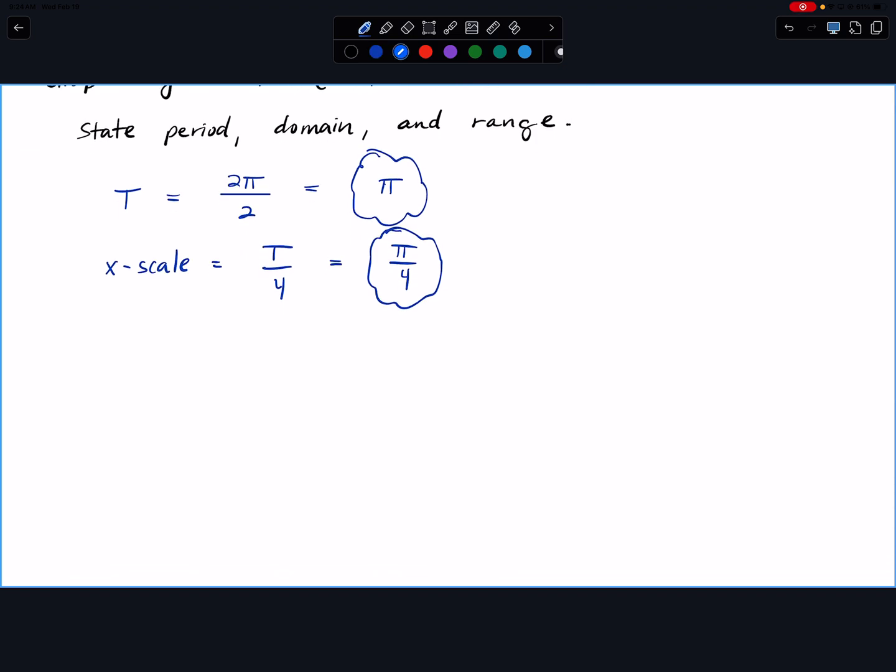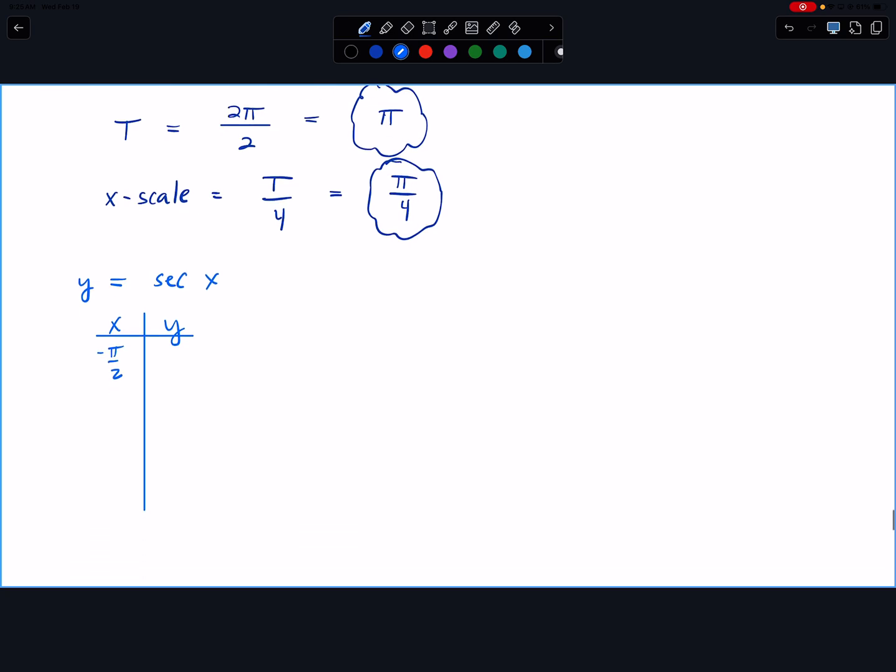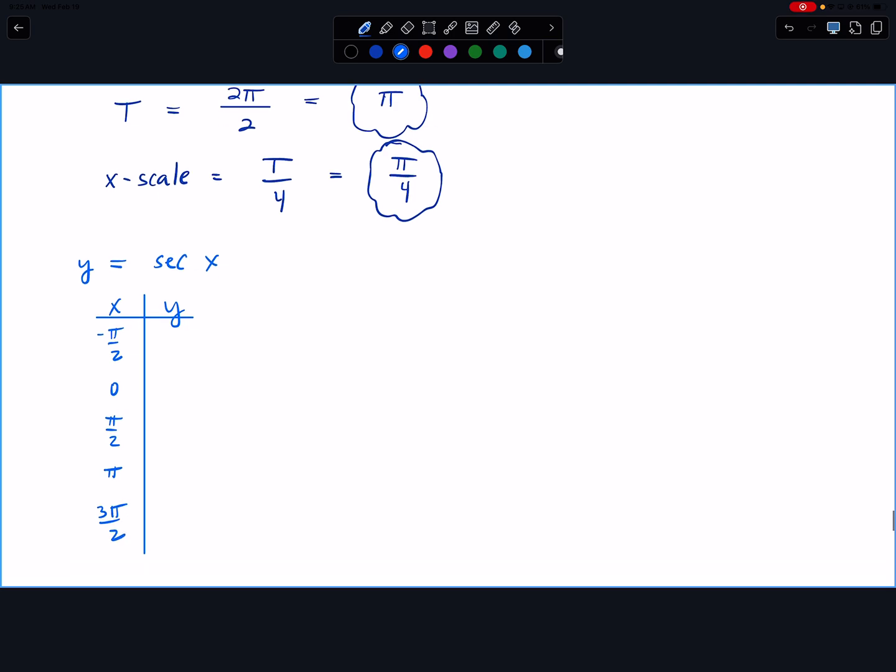So for secant x, start at negative pi over 2. And if I keep going by pi over 2, it is 0, pi over 2, pi, 3 pi over 2. And remember, secant has asymptotes at every odd pi over 2.